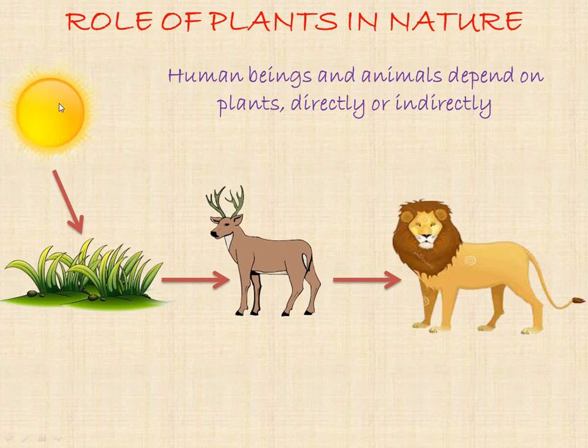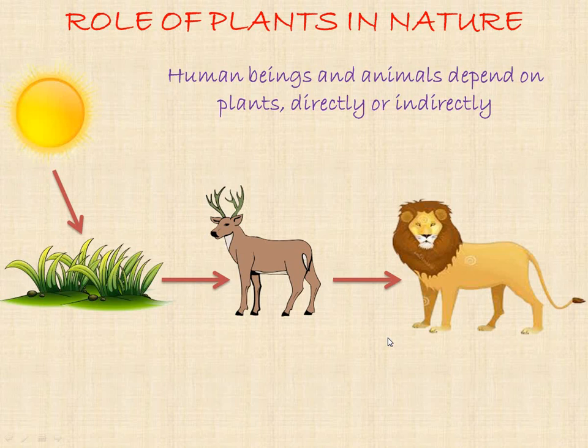The sun gives lots of heat energy and light energy, which is trapped by the plants for their food production by the process of photosynthesis. This food is consumed by a deer and this deer is consumed by a lion. So it becomes a chain, a type of food chain.